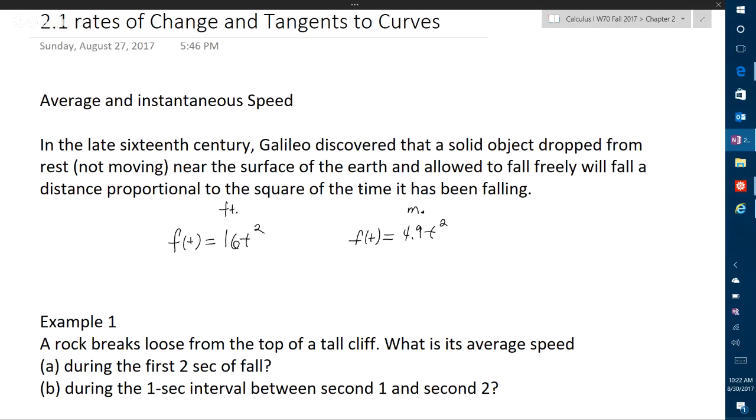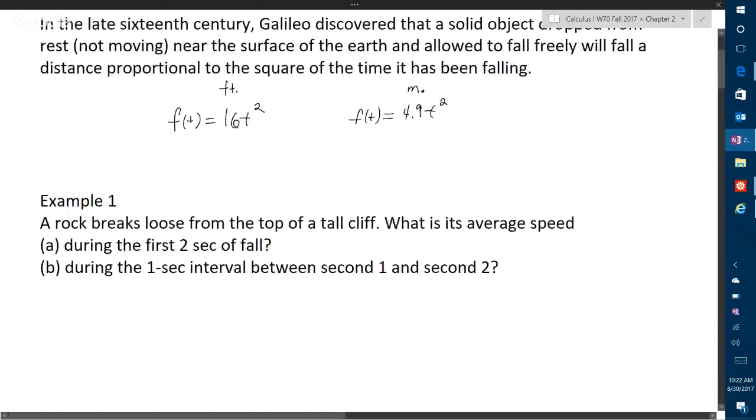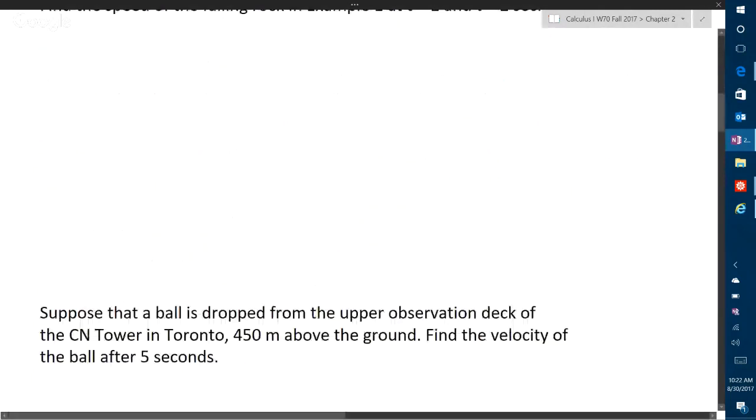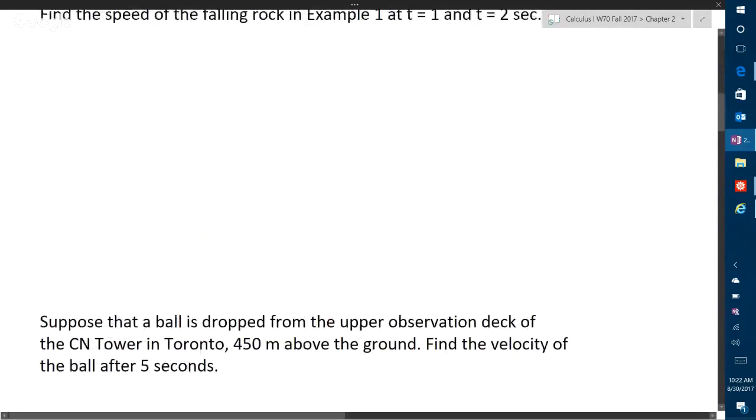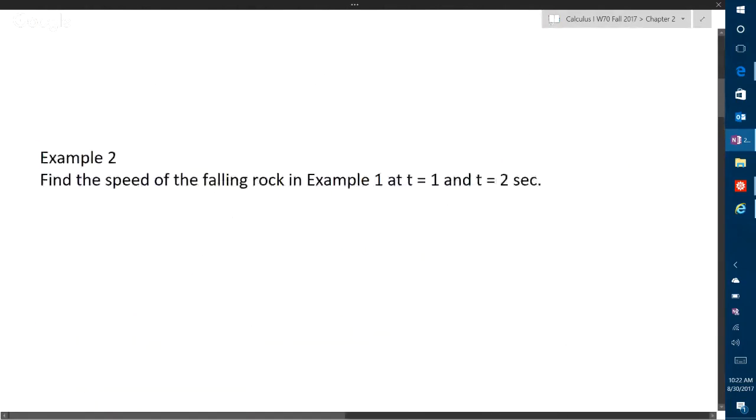Okay, so I specify it because, well, for this first example, they don't really tell you if you're talking about feet or meters. But for this example down here, they do. 450 meters above the ground. Okay, so just FYI.